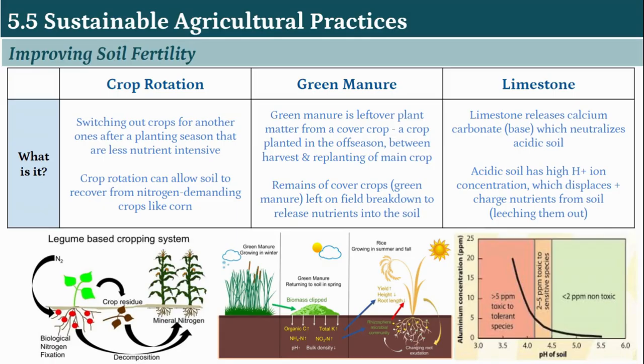And if you keep planting those crops without allowing the nitrogen to replenish naturally through the nitrogen cycle, your nitrogen is going to be depleted in the soil, resulting in a poor yield. So rather than plant the same crop every single year, you'll switch them out with crops that aren't as demanding or crops that help promote nitrogen being added into the soil, like legumes.